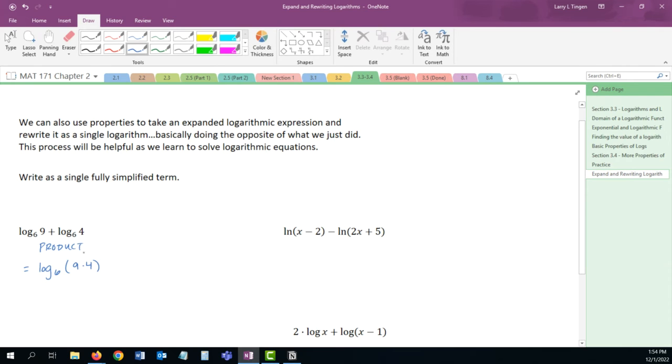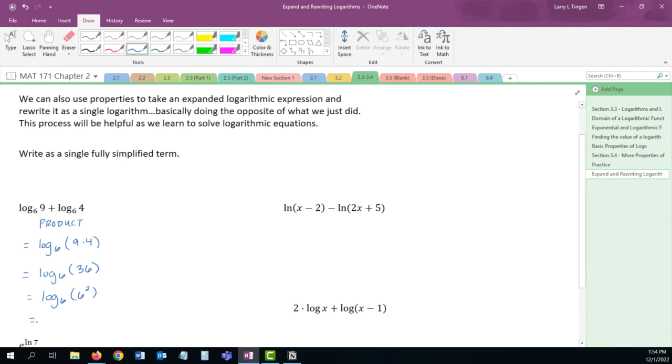Log base 6 of 9 plus log base 6 of 4 is the same thing as log base 6 of 9 times 4. What is 9 times 4? It's 36. And what do I raise 6 to get 36? 36 is 6 squared. This is 2.